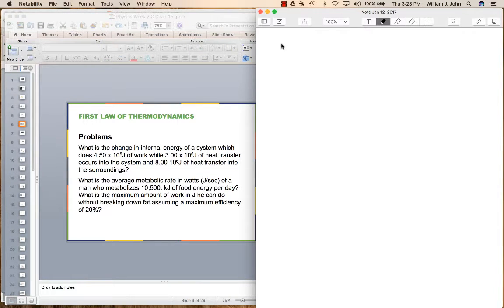Well, we know that the formula says that delta U is equal to Q minus W, and the total amount of heat on the system is 3 times 10 to the 6th, and then that's plus a minus, because the other heat is transferred out of the system, so it's 8 times 10 to the 6 out of the system, so the total heat transfer is a minus 5 times 10 to the 6th.